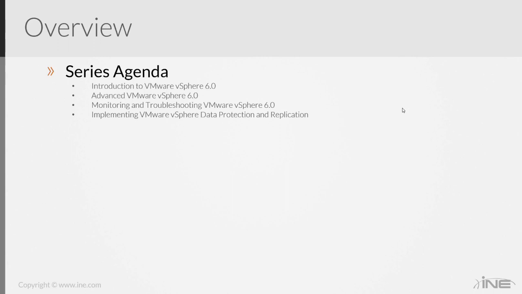Our final course in this series would be on implementing VMware vSphere data protection and replication. The bulk of these topics would be based mostly on vSphere Data Protection and vSphere Replication. So what we'll cover in these courses are backups, replication, and those sorts of solutions. We'll do demonstrations on deploying them as well as administering these environments.